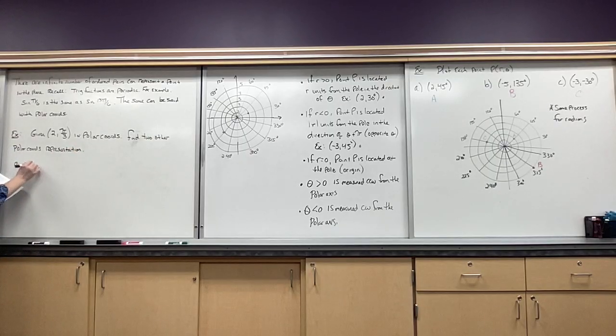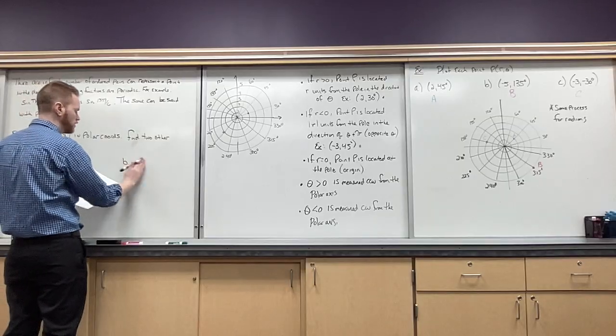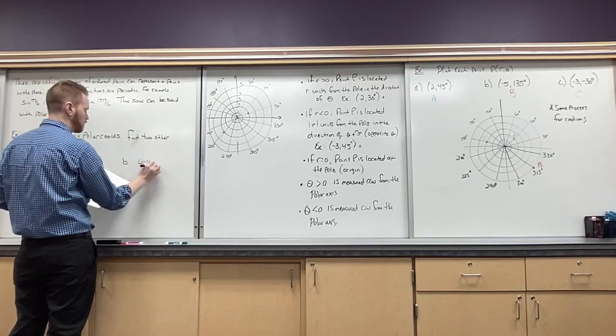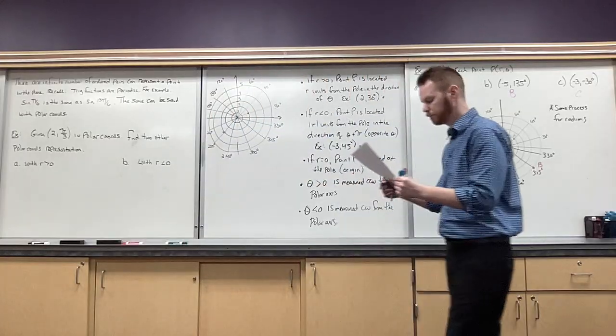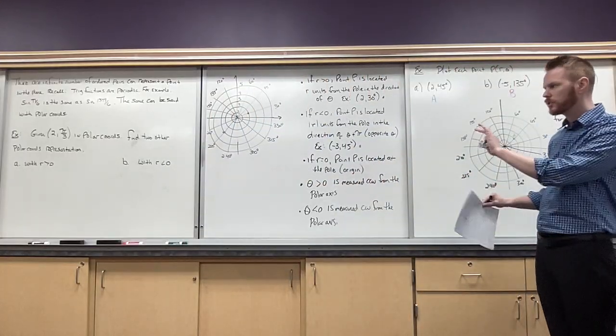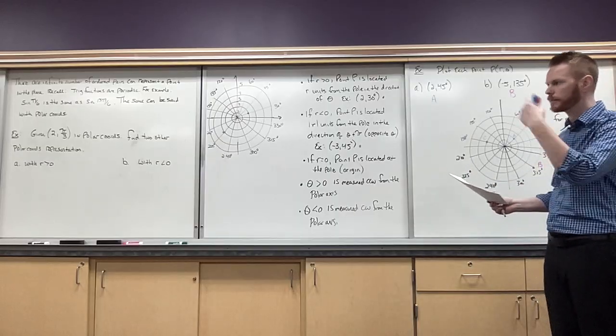We're going to do 2 things: find another one where the radius is positive, and find another representation with the radius being negative. I'm not going to draw the full grid out, but I'm going to draw a little picture underneath it to explain how we're going to find it.